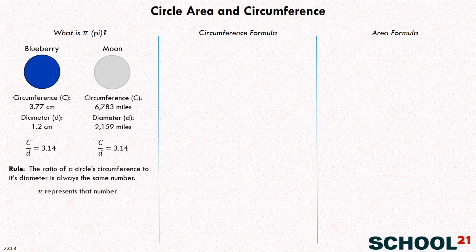And a few more things about this. Pi, the Greek letter pi that we write, it's kind of like a T with an extra little stalk going down. That represents that number, that ratio of the circumference to the diameter. It's approximately equal to 3.14, but it's a decimal that never ends and never repeats.